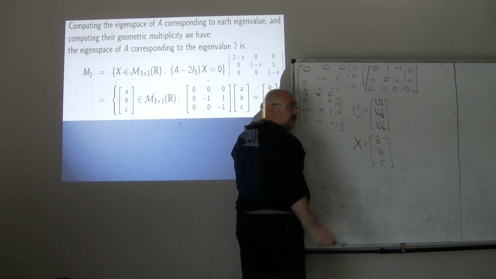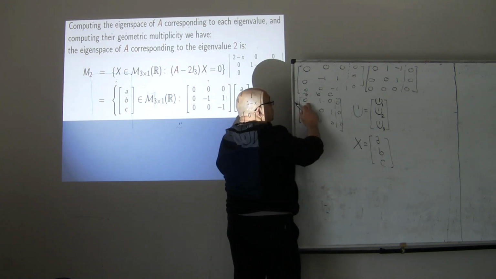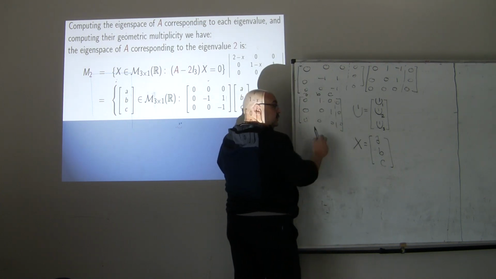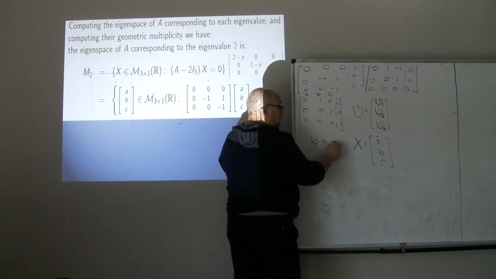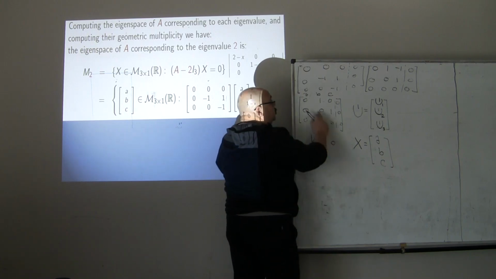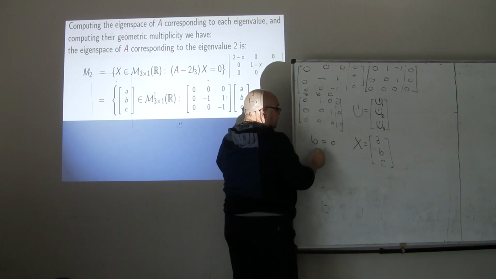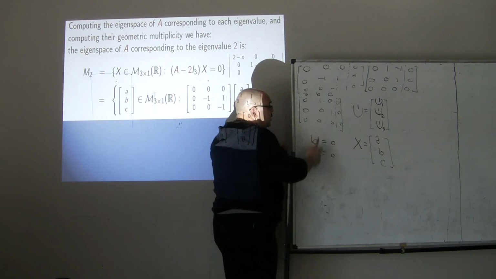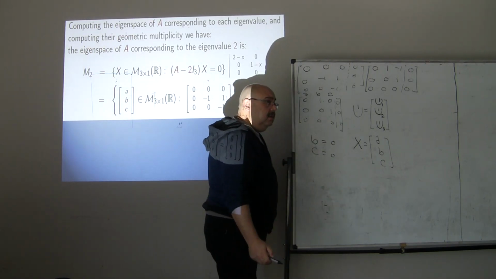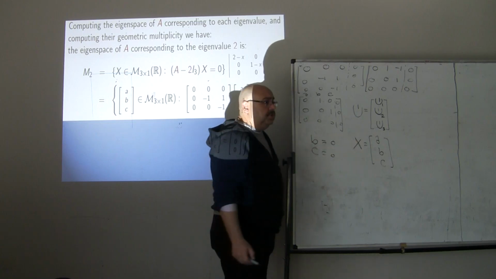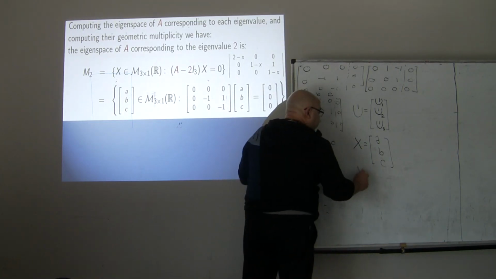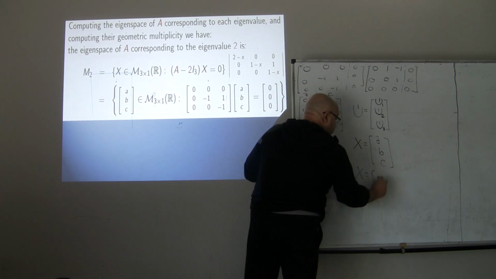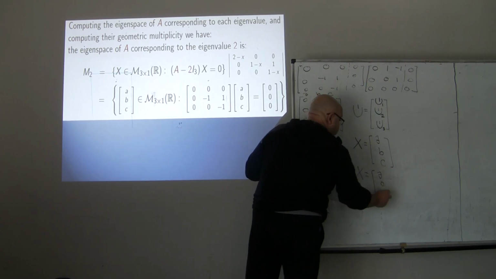Let's evaluate together. The first row: 0 times A, 1 times B, equals 0. The second row: 0 times A, 0 times B, and then C is equal to 0. Did I say anything in relation to A? Use this value and substitute. So the X vector is going to be A, 0, and 0.